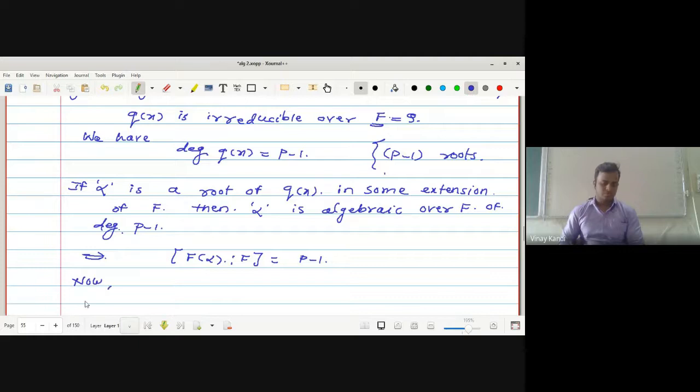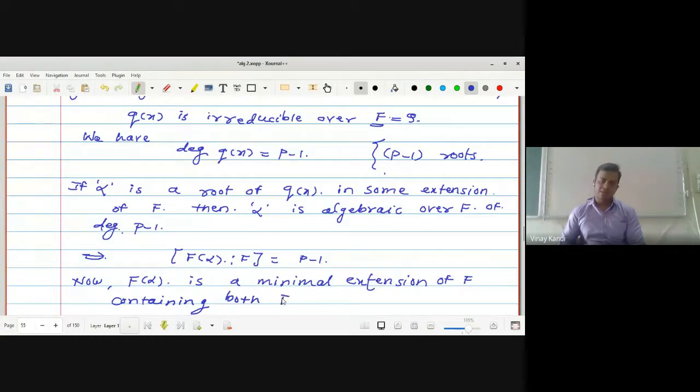Now capital F of alpha is the minimal extension of F containing both the field capital F and the element alpha.